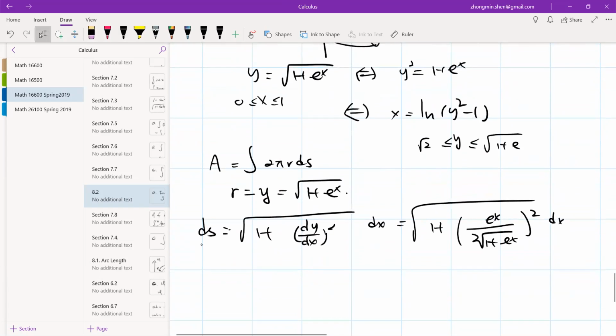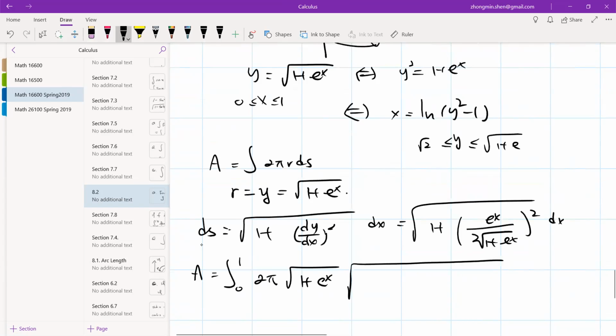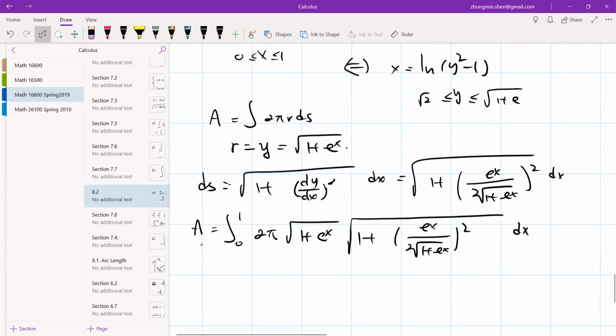Then you're done. You get a formula: x is from 0 to 1, 2 pi r should be this, and then ds is going to be this. Maybe you can simplify it, but I'm not going to do it. So this is one of the integrals.